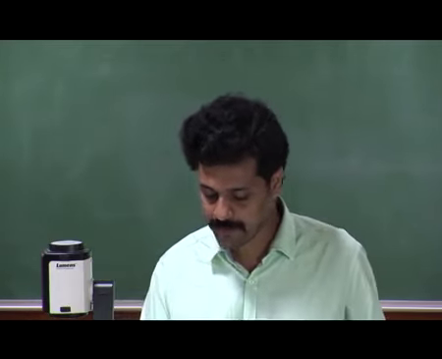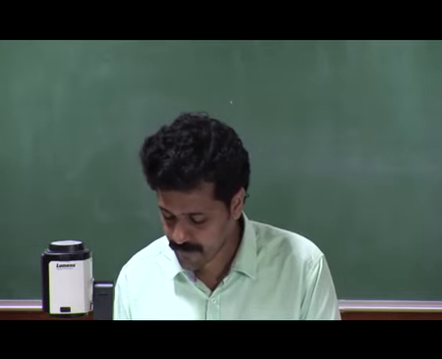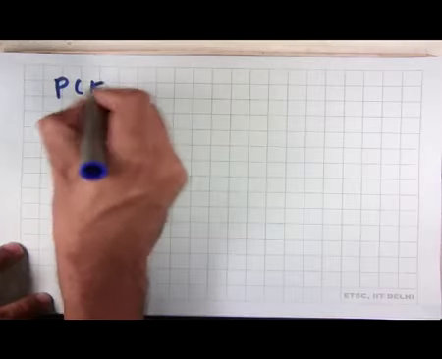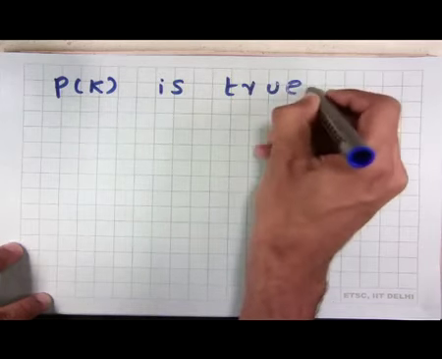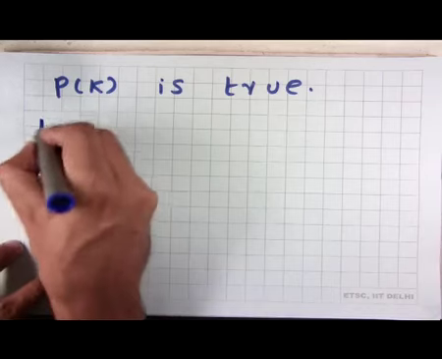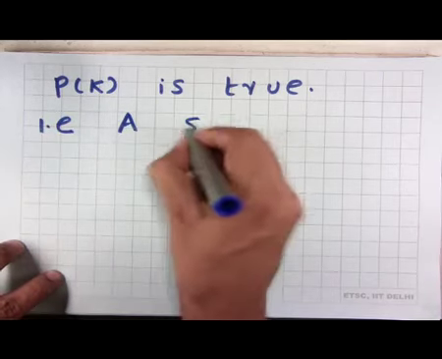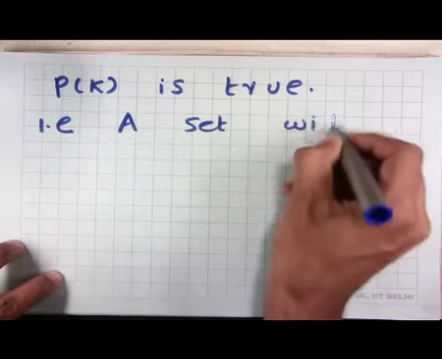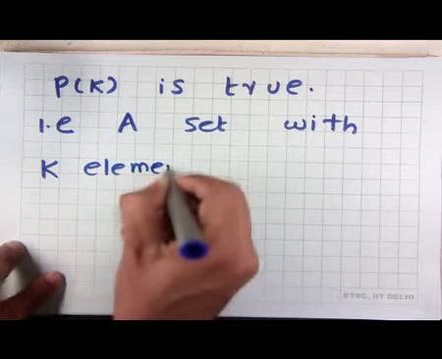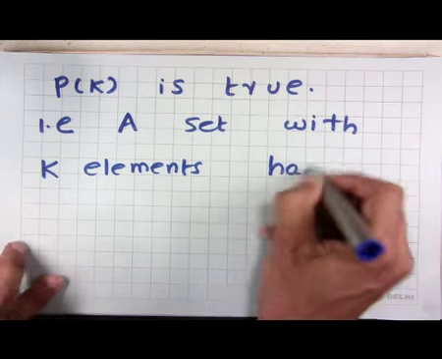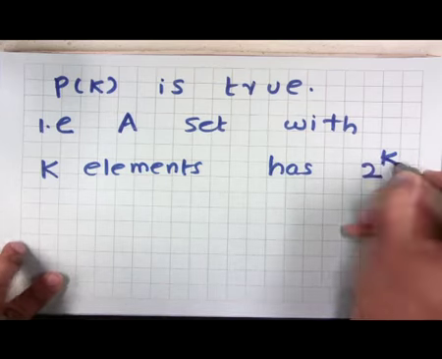Now, assume that P of k is true. Essentially, we are doing the second step, namely the inductive step. That is, a set with k elements has 2 power k subsets.